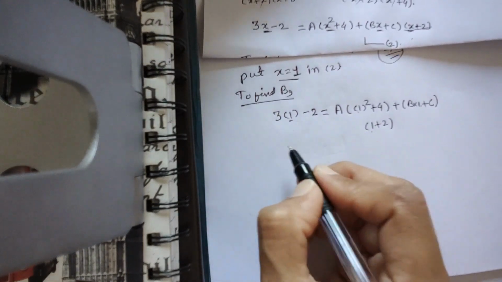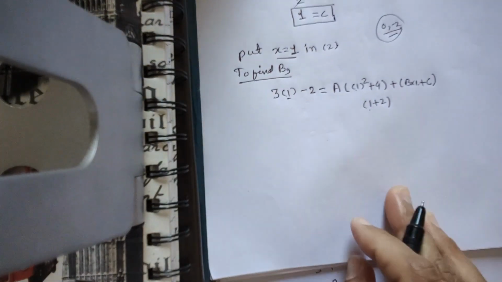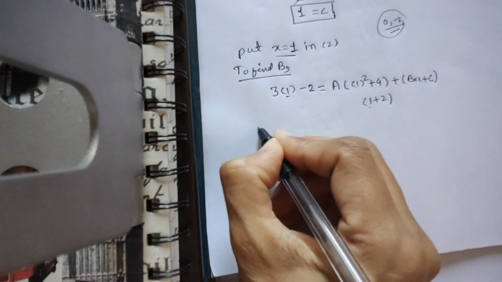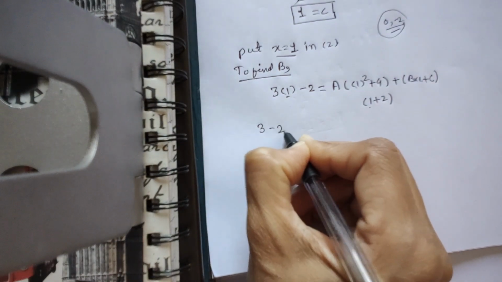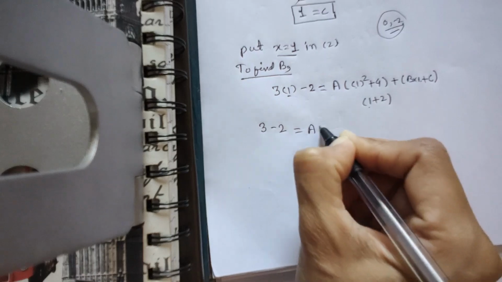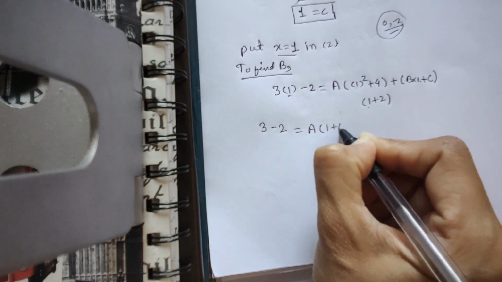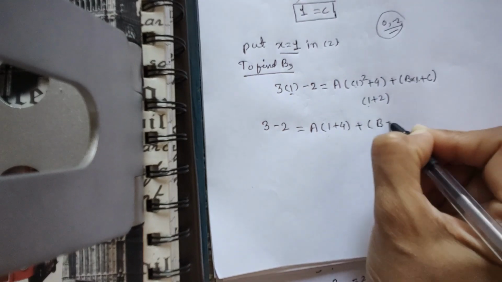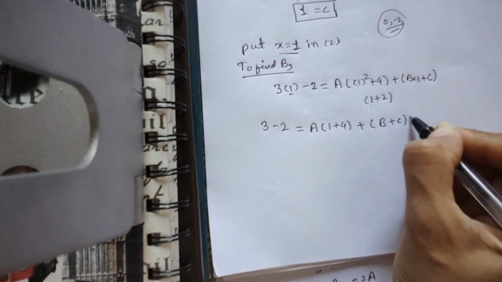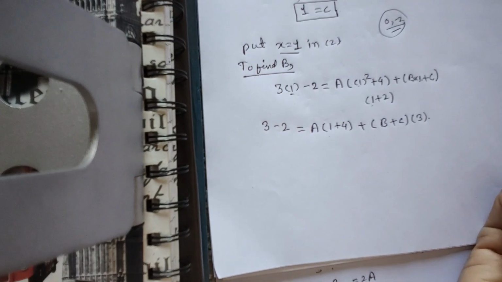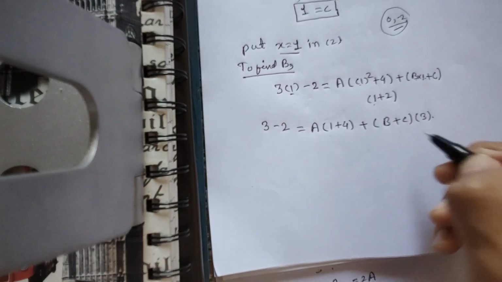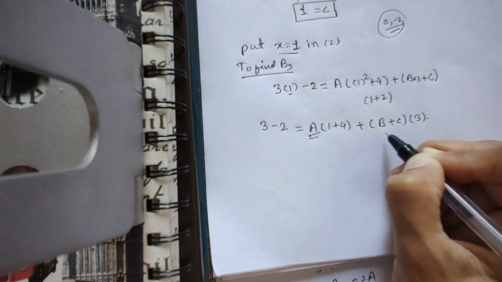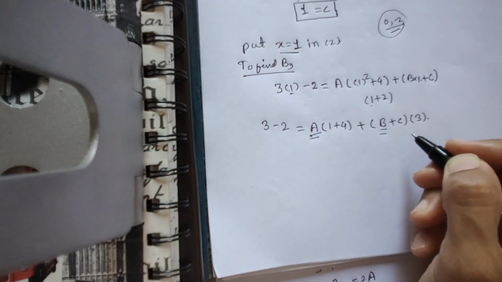So I'll get 3 minus 2 equal to a into 1 plus 4 plus b into 1 plus c into 2 plus 1, 3. Okay, now I already know the value of a and value of b, right?